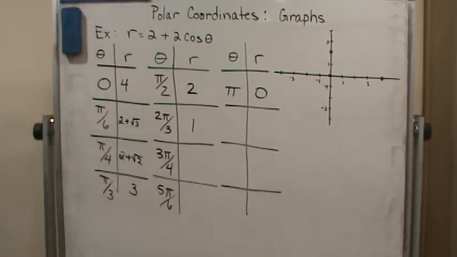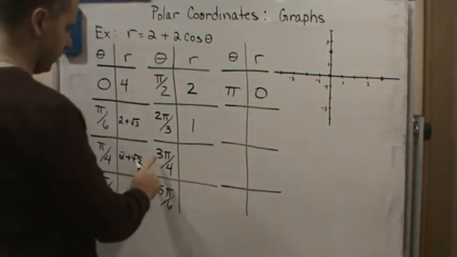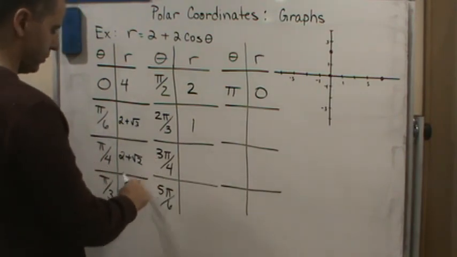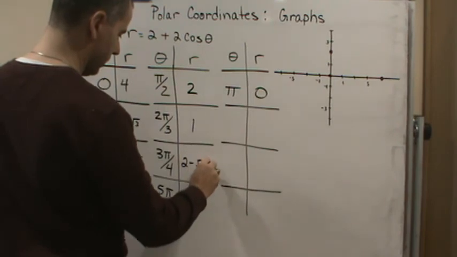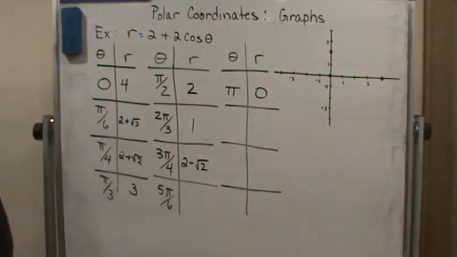All right. Now, this is going to be 45-degree angle. So now it's going to be 2 minus the square root of 2. Is that right? Hold on a second.